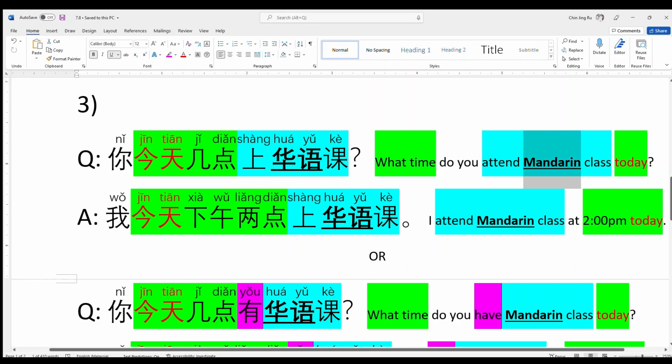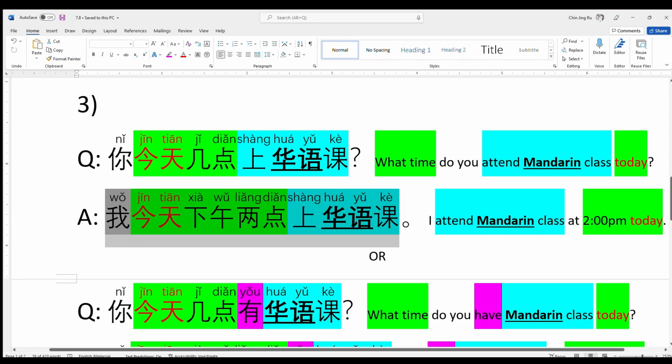Then I will have the attend Mandarin class. You see, the Mandarin is in the middle also, right? 上华语课. This is how you say attend a specific subject of a class. 你今天几点上华语课? Then you can say, I attend Mandarin class at 2 p.m. today. So you say, 我今天下午2点上华语课.